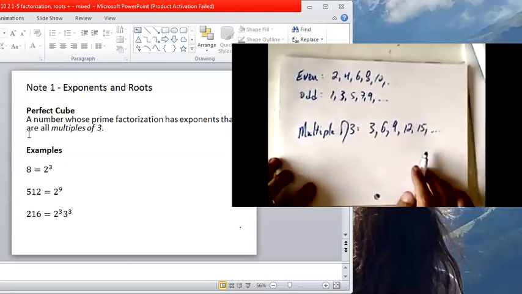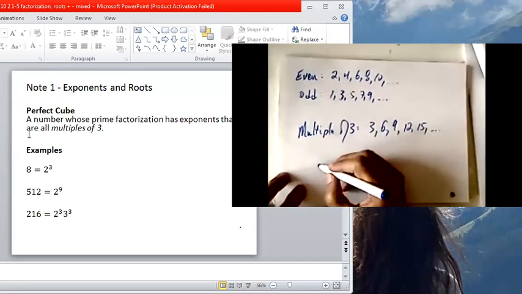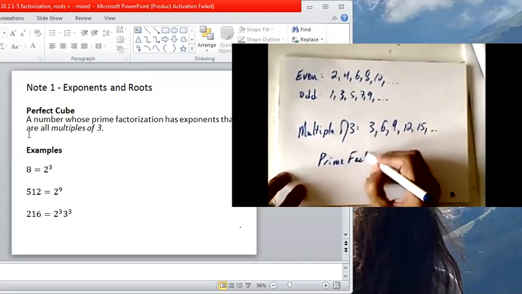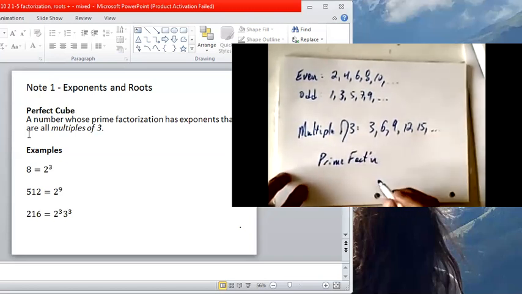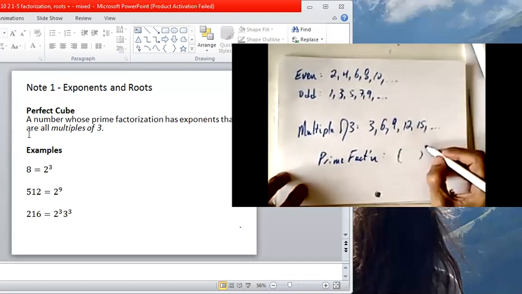All these are numbers that are multiples of 3. So if you do the prime factorization, it's kind of a shorthand, and you get something like a 12 showing up there.